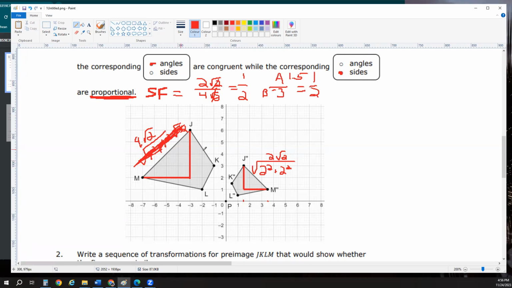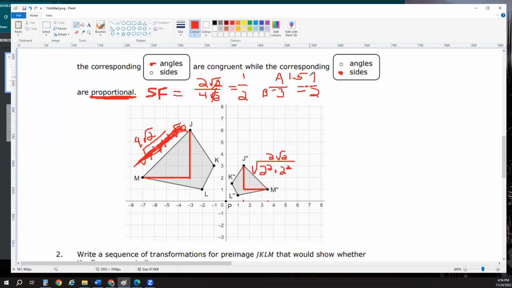So it underwent a reflection and then it shrank. So this is what happened first. So it's negative 1/2, but it went through a reflection first. That's why it's like that, right? So yeah, it's still 1/2 the size.